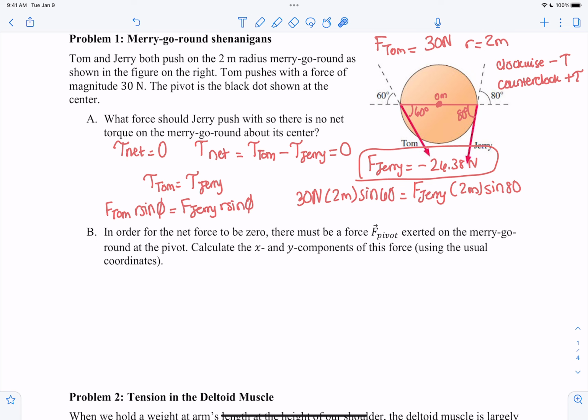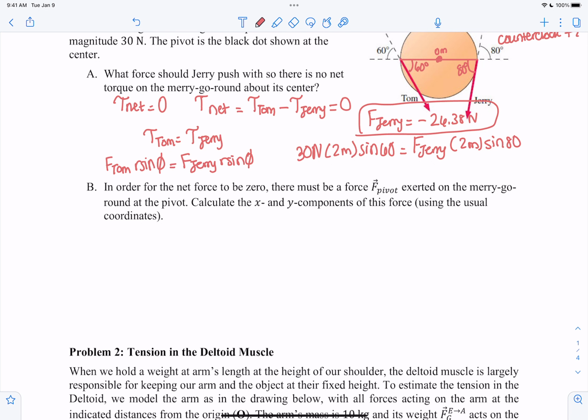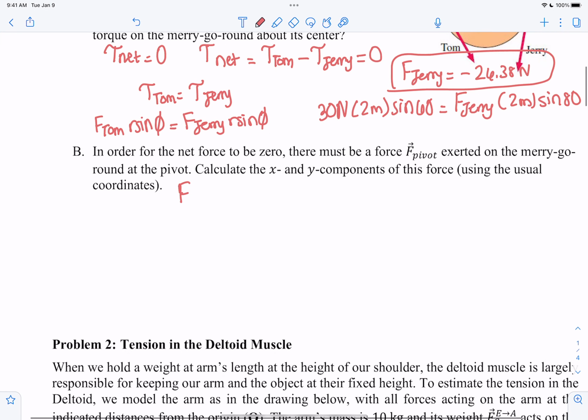Basically, we're just trying to figure out how the forces cancel out, like how the torques canceled out. So you have components in the x direction, and you have components in the y direction. That's what we're figuring out here. So we can set up an F net y and an F net x equation to figure out how the forces cancel each other out. So we have here F net x, right?